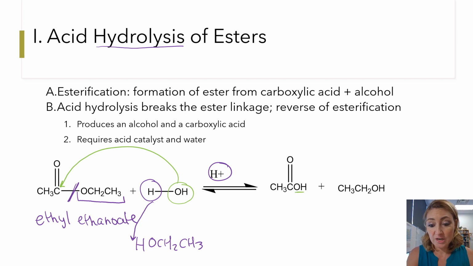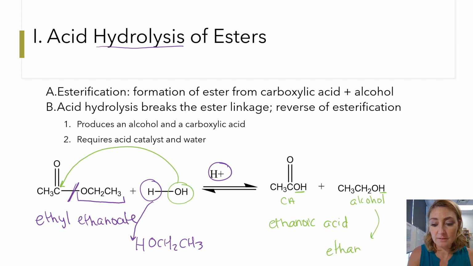Okay, so the OH came from the water, the H came from the water. We reform our carboxylic acid and our alcohol, and let's go ahead and name those for practice. So we have a 2-carbon carboxylic acid, that is ethanoic acid, and we have a 2-carbon alcohol, that is ethanol.